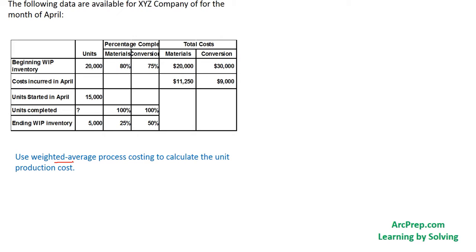Using the weighted average method, let's calculate the unit production cost. So now we are interested in the total cost, which is direct material plus direct labor plus manufacturing overhead. In this case, manufacturing overhead and direct labor are lumped into conversion cost. And all we need to do is add direct material cost plus conversion cost.